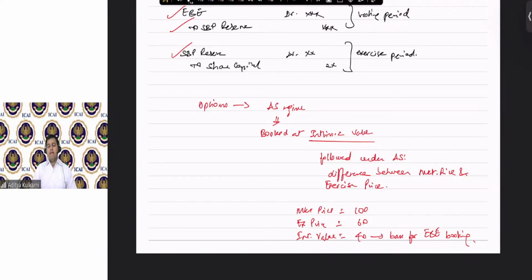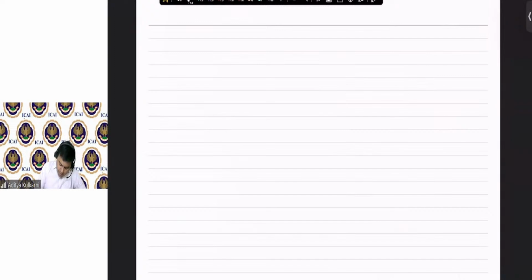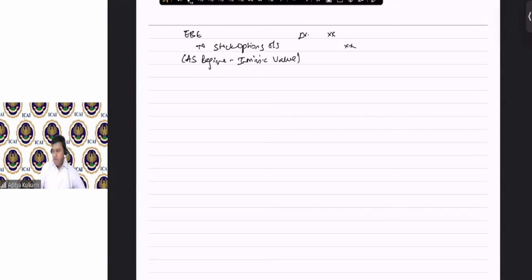And this intrinsic value would be the basis for booking of the employee benefit expense. So every time they would pass the entry employee benefit expense account debit to stock options outstanding. This would be at which value? Under the AS regime, at intrinsic value.